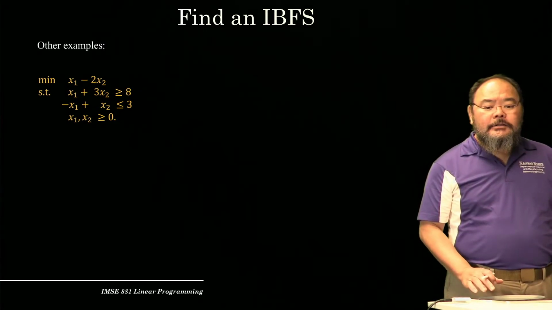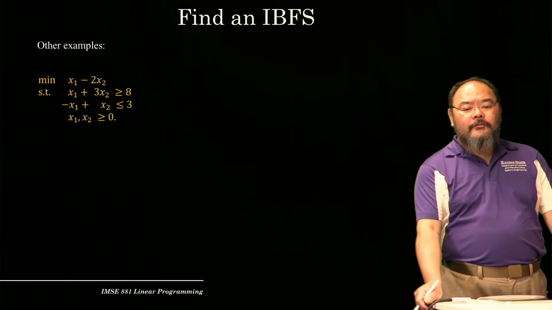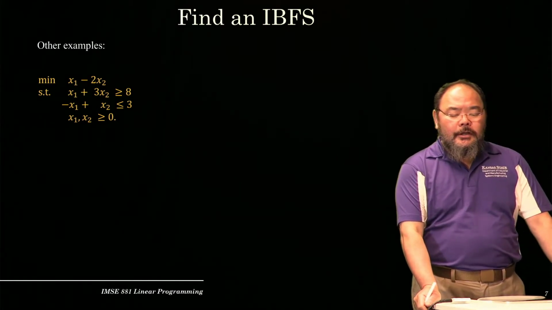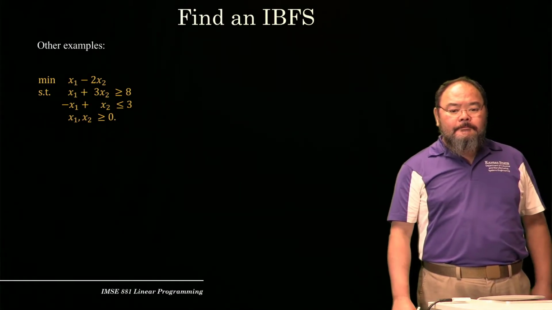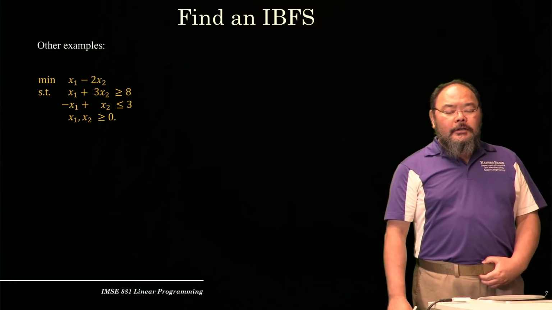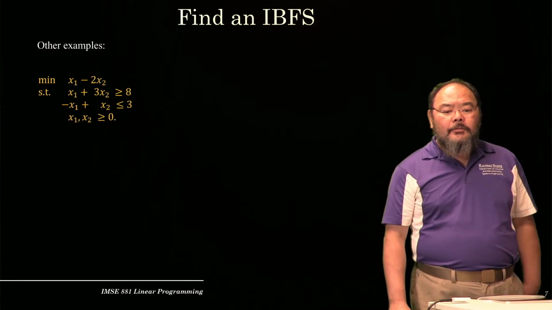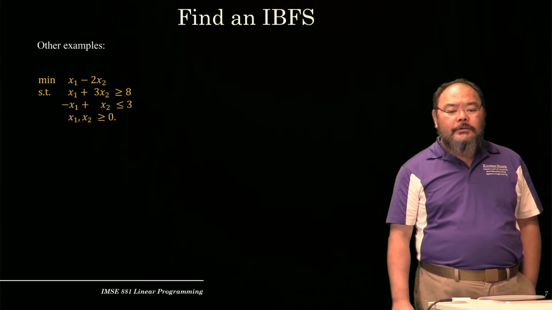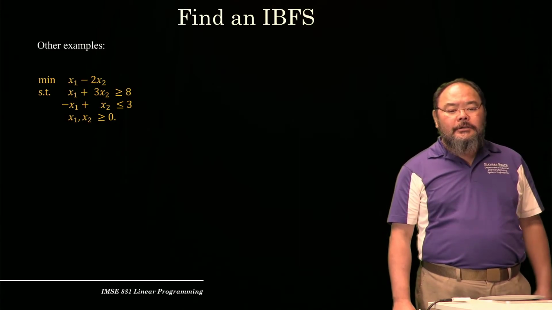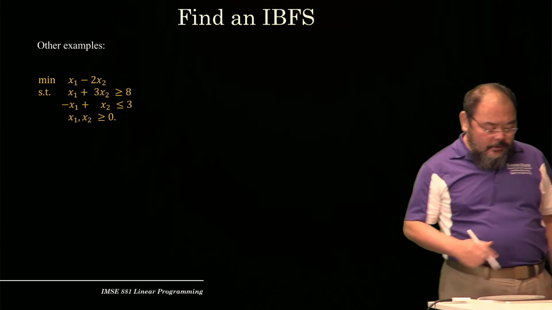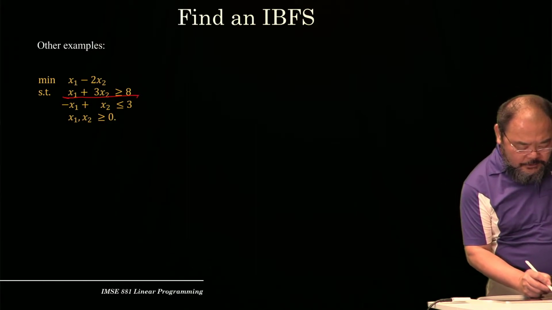Let's look at another example. What if not all of the constraints are less than or equal constraints? In this example, we have x1 plus 3x2 greater than or equal to 8 as part of our constraint.